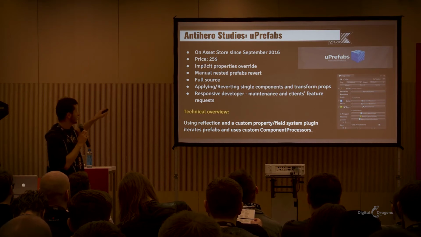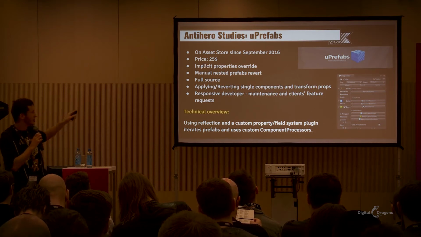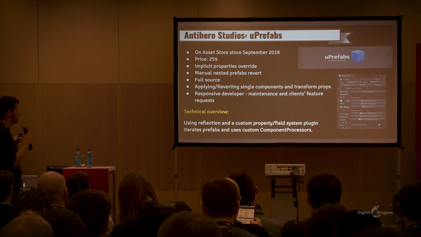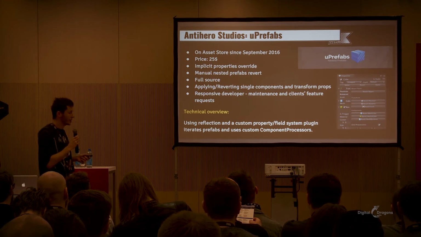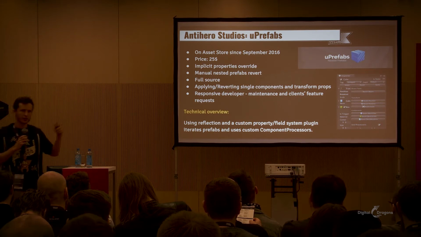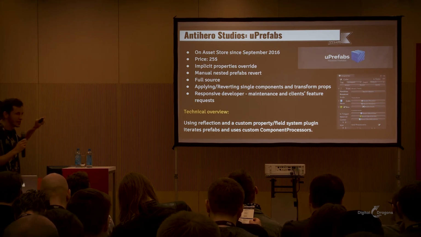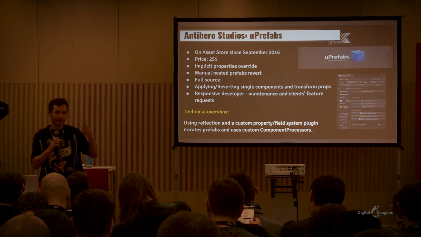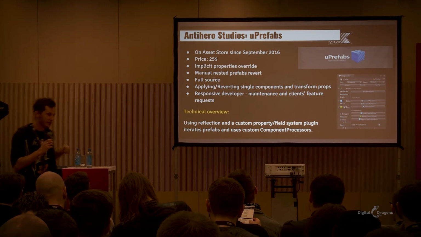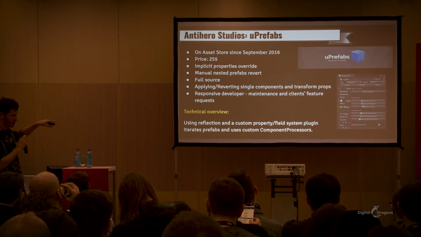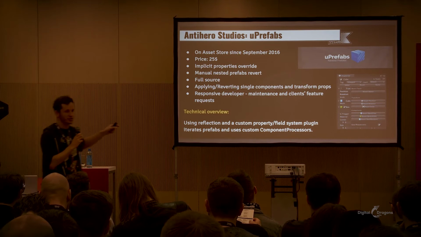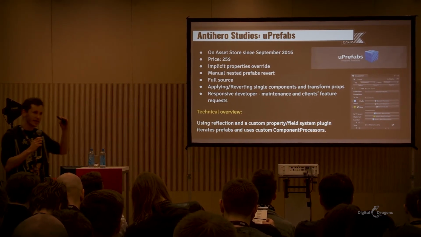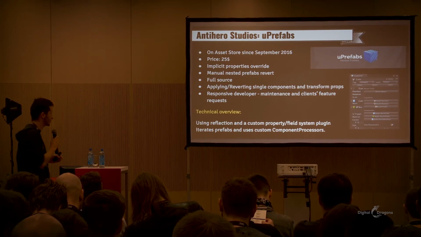Okay, the first one is a plugin from AntiHero Studios, Prefab, which has been on the Asset Store since September 2016, for $25. It generally uses reflection and a custom field property system to iterate the prefabs in your project and update them, and also uses specific component processors to manage special components, like the text component, outline component, and so on.